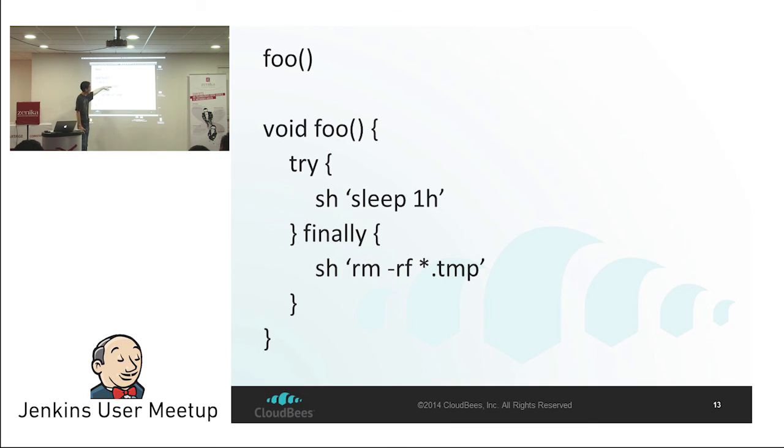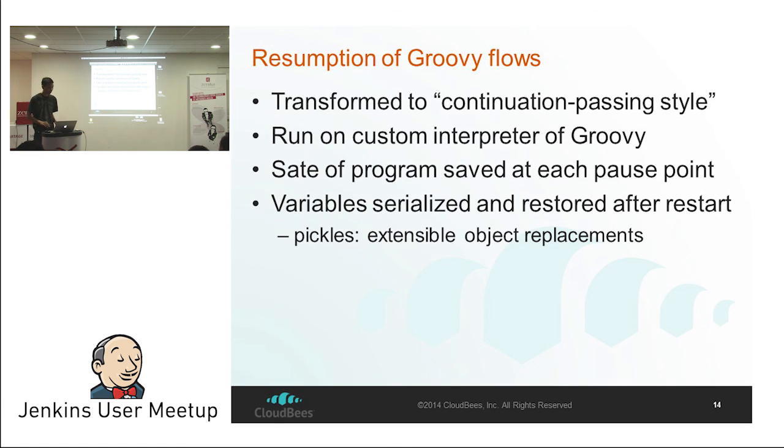Now Jenkins is here waiting for the sleep process to complete, and you hit restart and Jenkins goes down. When it comes back up, it will still be in here, and after it completes, it will still be able to run the finally. So you can imagine that the normal way of running a program wouldn't cut it. This is one of the key innovations in workflow.